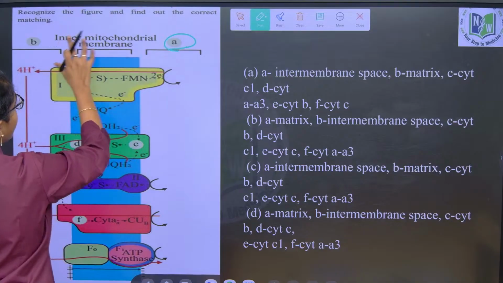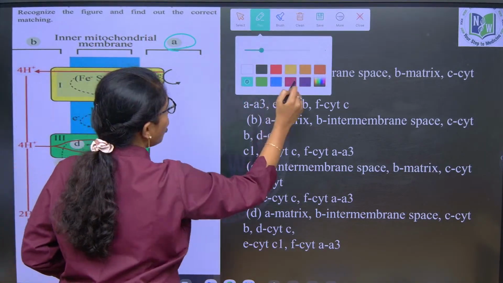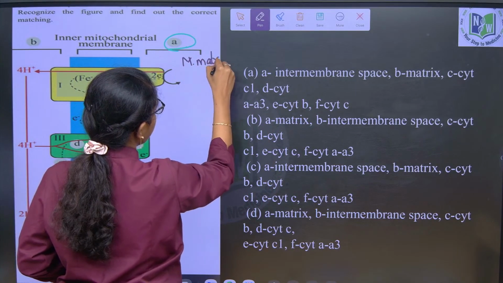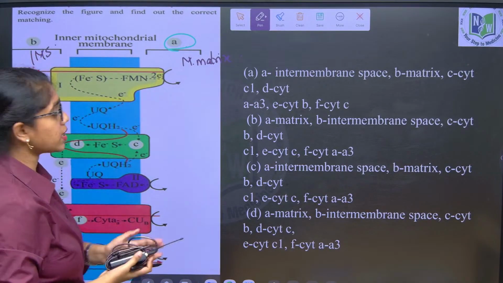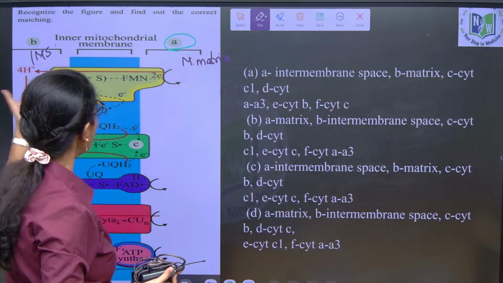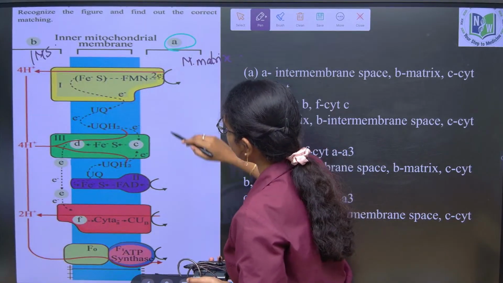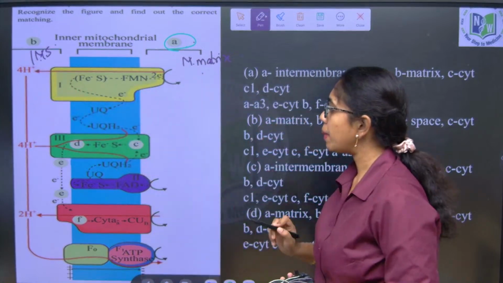Of course, in the inner mitochondrial membrane, protons are pumped from the mitochondrial matrix to the intermembrane space, right? And here, the second labeling: A will be the mitochondrial matrix, B will be the intermembrane space.